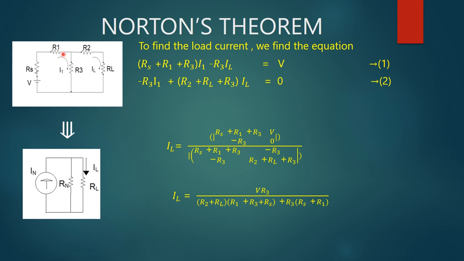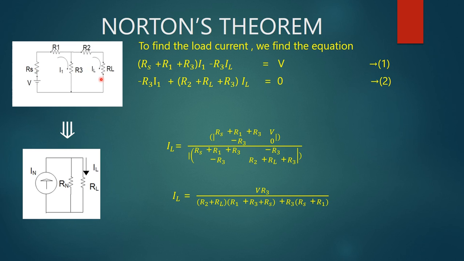Here we consider this network, with two terminal points A and B where a load resistance RL is connected, and we discuss it in a block diagram. Within the block diagram the network may be this type, that is, resistances R1, R2, R3 and energy source V with internal resistance RS.